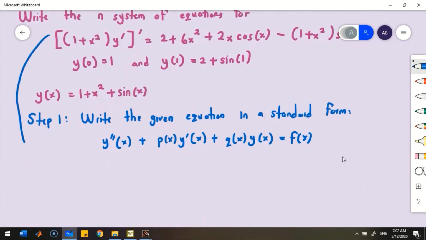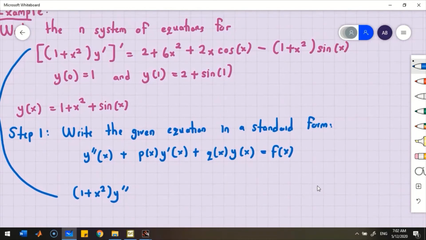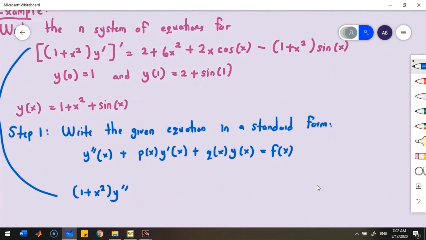So this equation here, what I can write here, this is similar to (1 plus x squared) y double prime. Now the reason I gave it like that is just to trick you. Okay, obviously these are the same way of writing it. Okay, so do we have a term involving y prime?